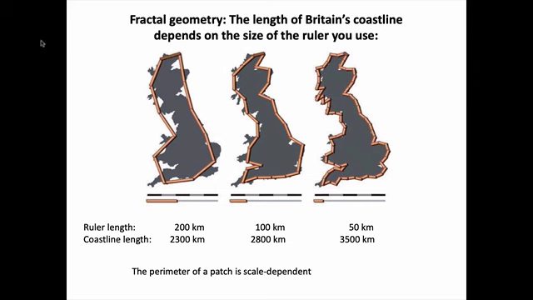So you can graph the size of the ruler against the change in perimeter, and you can get a measure of irregularity. That turns out to be a really good predictor of how valuable a patch is, aside from its size. So perimeter and size are both important.